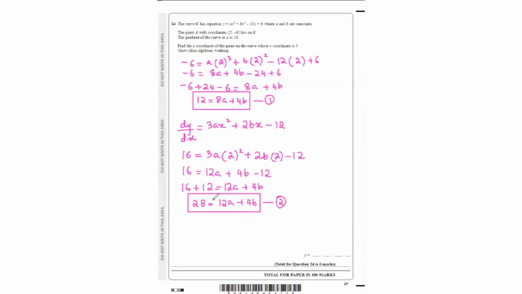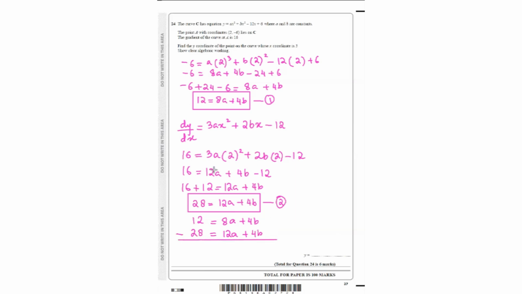Now we're going to solve these two equations simultaneously to find the value of a and b. So let's write this down over here. 12 equals 8a plus 4b and 28 equals 12a plus 4b. I'm going to use the elimination method over here because that's going to be easier to solve. I'm going to eliminate variable b because variable b has the same coefficient in both equations. So to get rid of b, 4 is positive in the first equation and the second equation, which means we need to subtract the two equations.